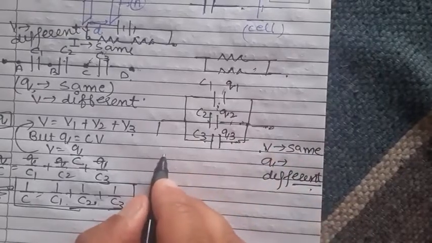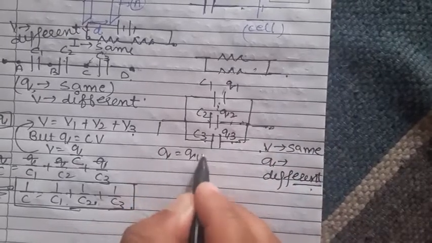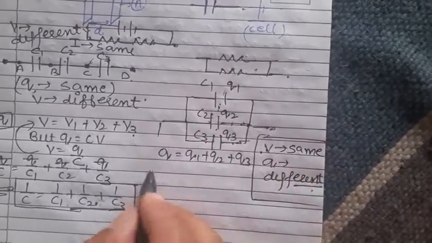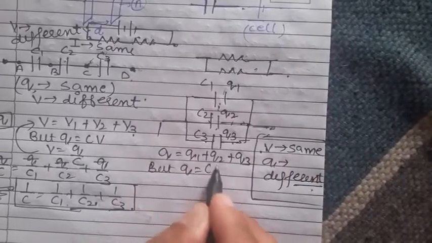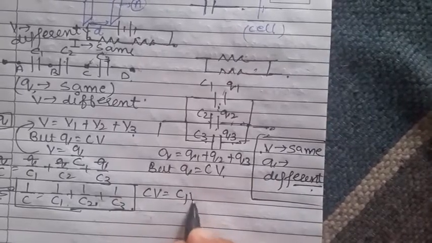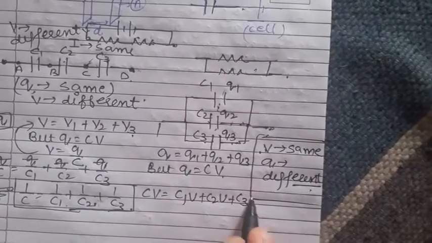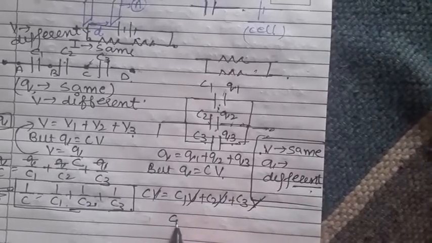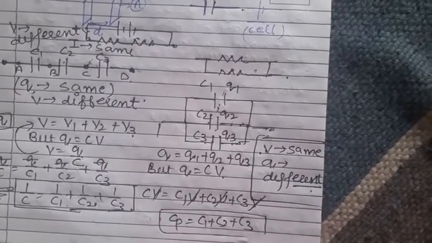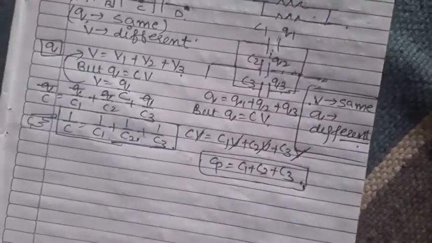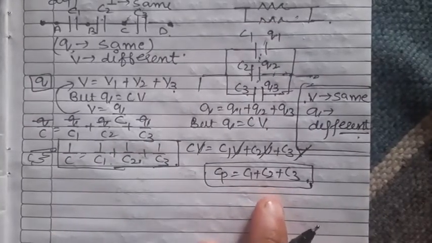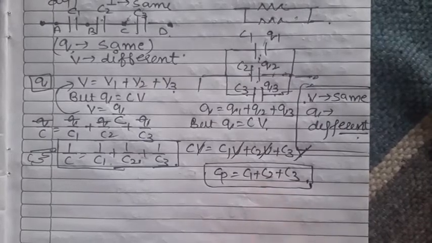Now again, the charge is different, so the total will be Q equal to Q1 plus Q2 plus Q3. Using the relation Q equal to CV, if I put it here, I get CV equal to C1V plus C2V plus C3V. V cancels out. What will be C then? It will be C1 plus C2 plus C3. This is similar to the result you get when resistors are connected in series, but here this result is for capacitors connected in parallel.